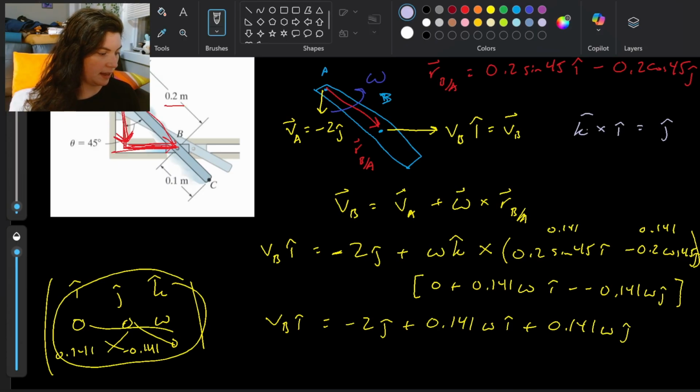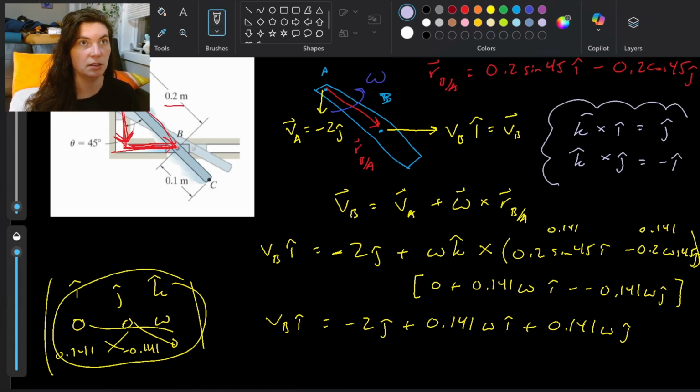And when you have k hat cross j, that's going to give you a negative i. Be cognizant of the signs, but because omega is always a k, it's always going to be a k cross an i and then a k cross a j.